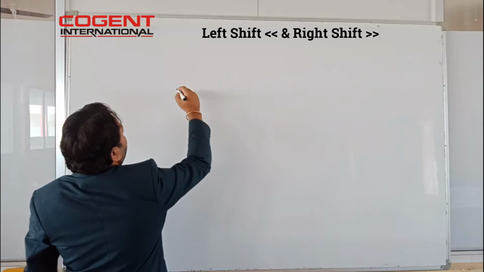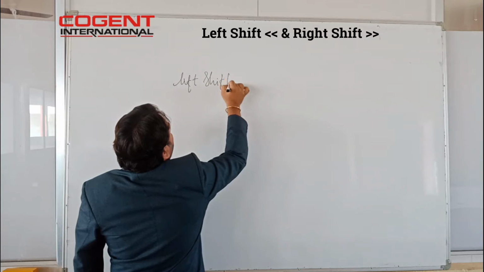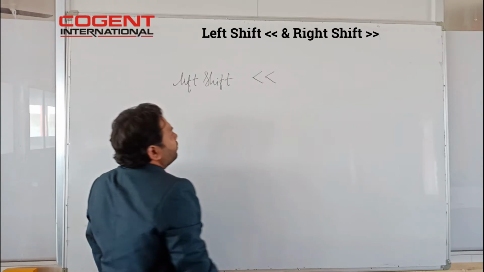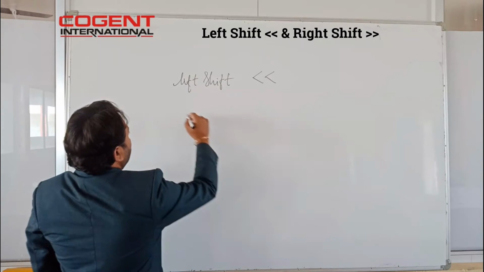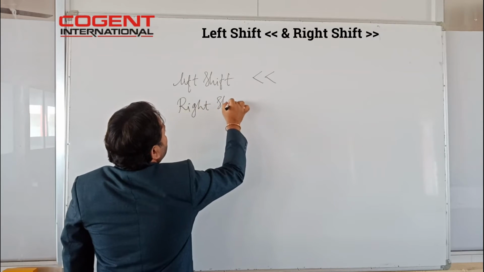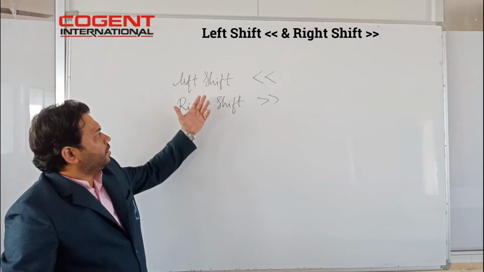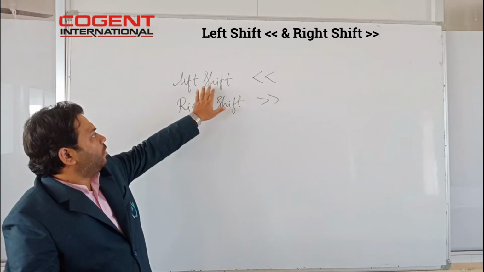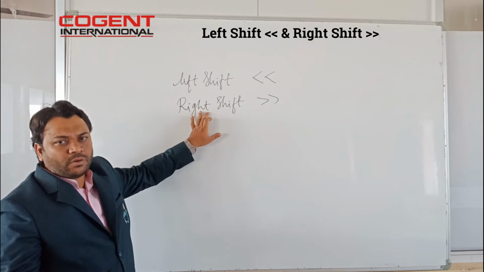The left shift is indicated by the double less than symbol, <<, and the right shift by the double greater than symbol, >>. What these shift operations perform is this: left shift shifts the bits towards the left, and right shift shifts the bits towards the right.